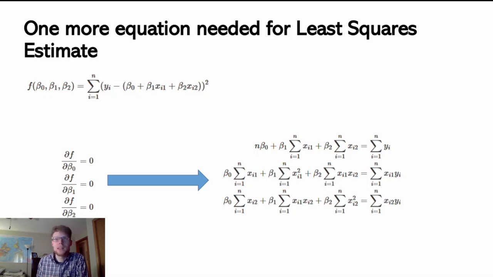I can do that by taking the derivative with respect to each parameter one at a time, setting it equal to 0, and then finding an expression for the parameter of interest that minimizes the error. So it just means we have to do it one more time if we have another parameter there.